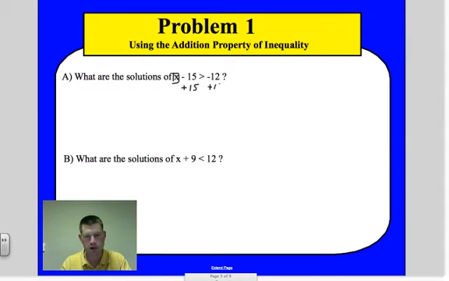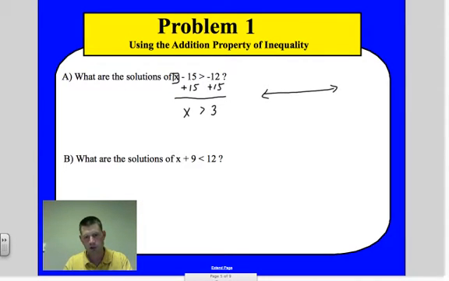So once we do that, we have x minus 15 plus 15, which just cancels to give us x is greater than, and negative 12 plus 15 is 3. So x is greater than 3, and then we want to graph that.